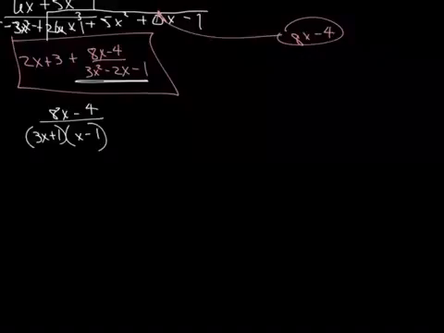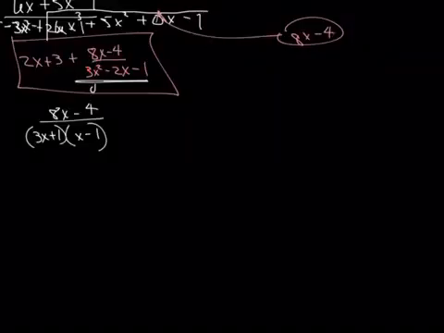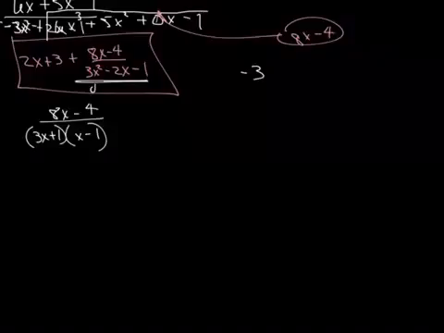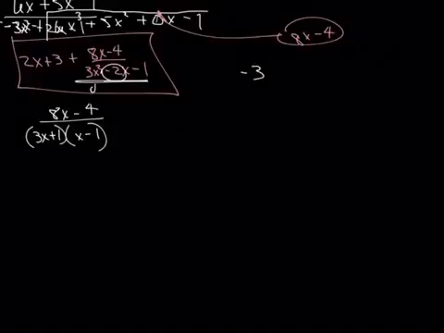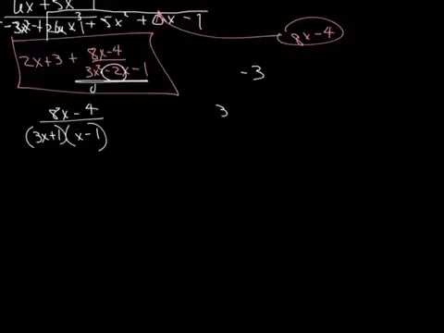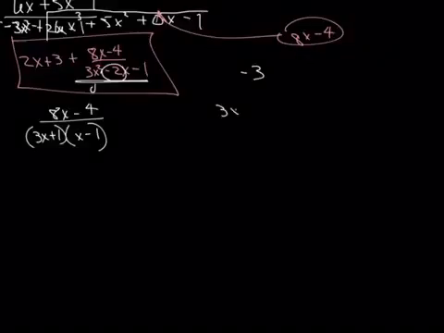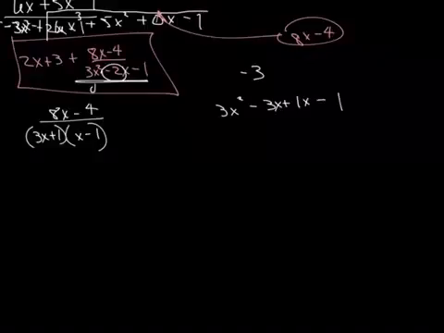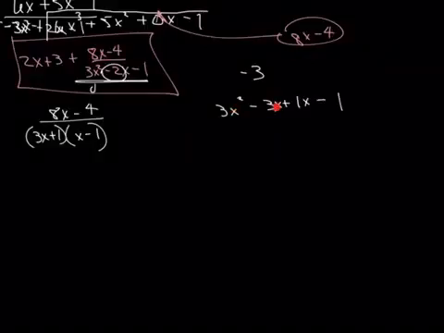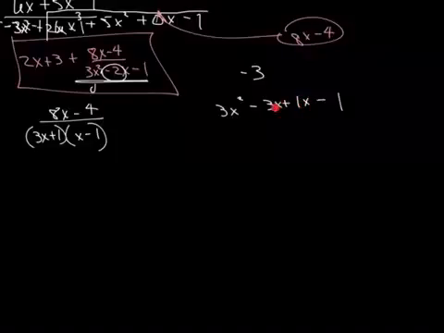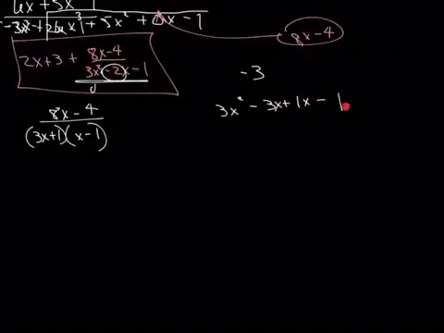Let me go over this again. When you factor this down, you take 3 times negative 1 and get negative 3. Find two numbers that multiply to give you negative 3 and add to give you negative 2. So we have 3x squared minus 3x plus 1x, because these two give me my negative 2x, minus 1.